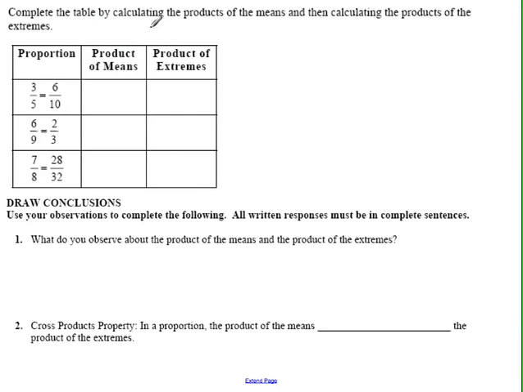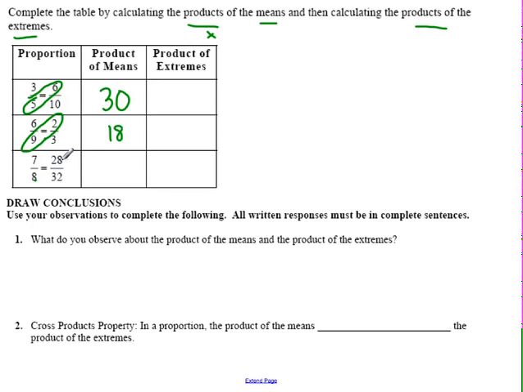It says complete the table by calculating the products, or the multiplication, of the means, and calculating the products of the extremes. Again, the means are the ones in the middle, so that'd be 5 times 6, which is 30. Here we deal with the middle again, that's 6 times 3, which is 18.